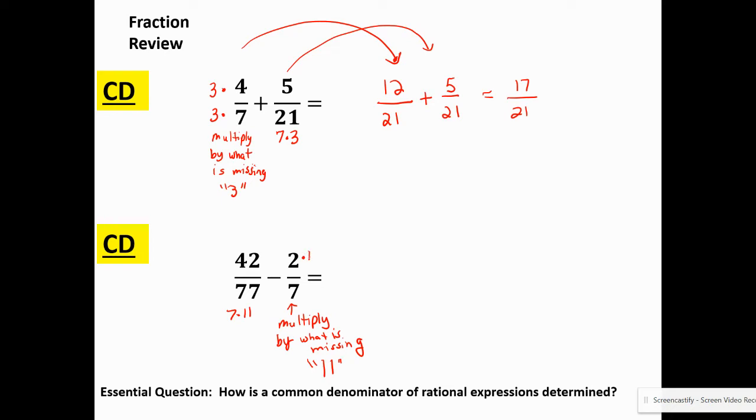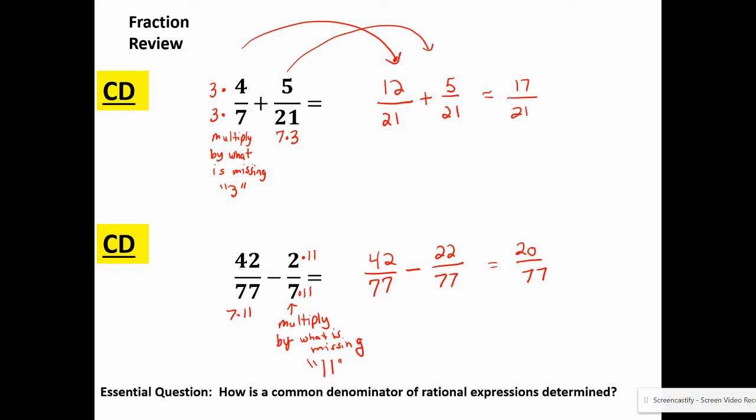So I'm going to multiply by 11 on the top and the bottom. So I'm going to bring over the first fraction, 42 over 77, the minus sign. And then I'm going to do the math. 2 times 11 is 22 over 77. Now I have same equals same. Put 77 there. And then 42 minus 22 is 20. And that's our final answer.